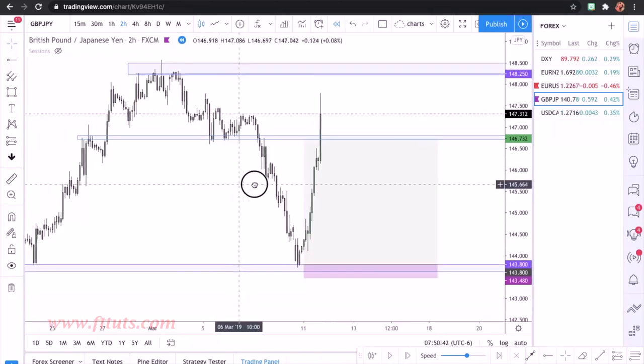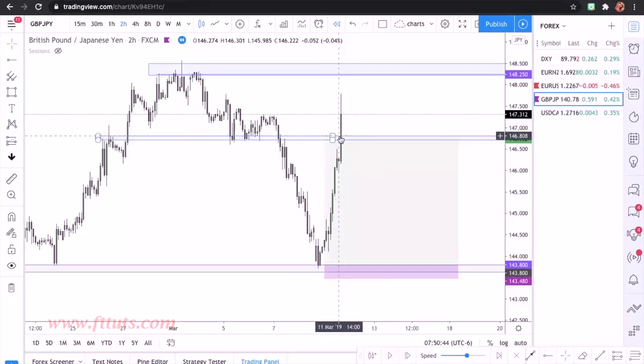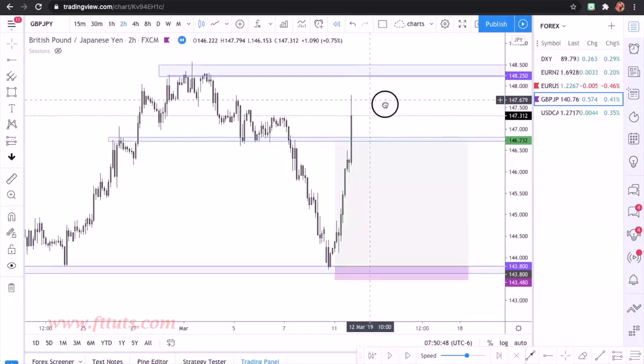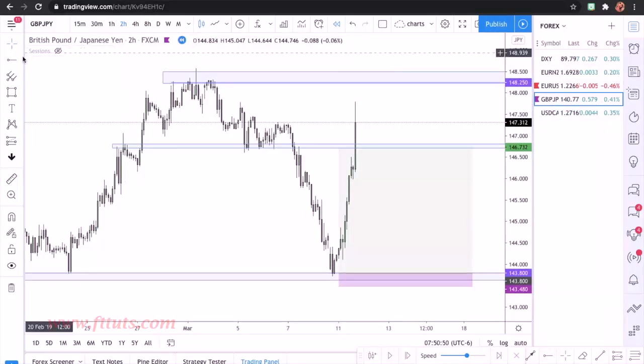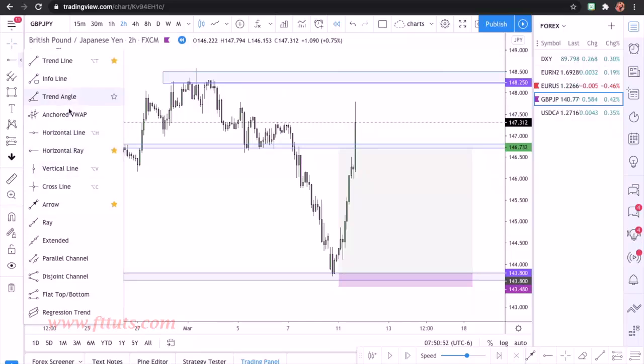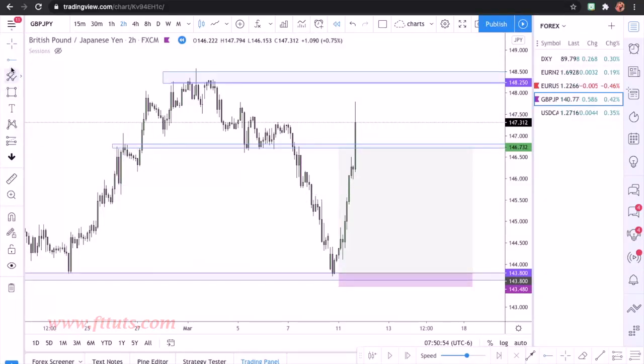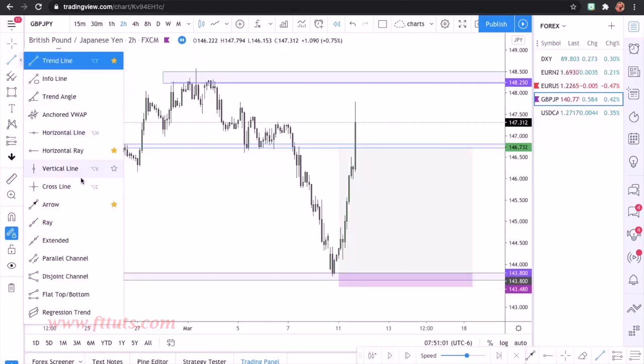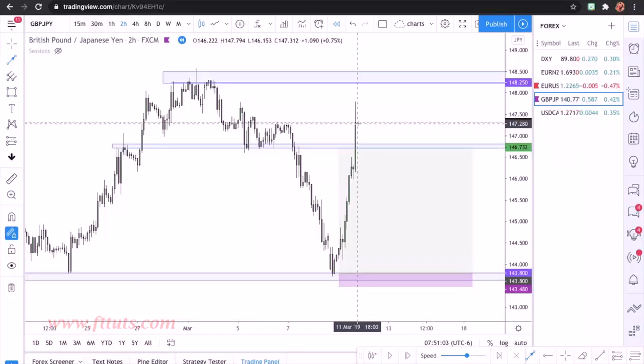Okay, so it completely blows through this target. So it might honestly end up just going to 148.250. In some cases, if it didn't, what we would need for confirmation is for price to come down here, test this level, and then continue up, okay?